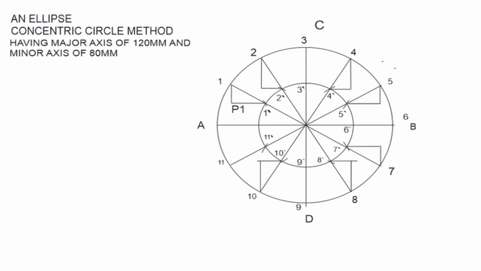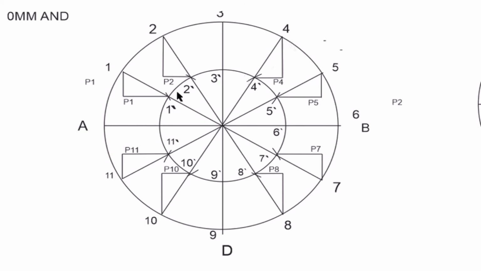Now we name all the points: P1, P2, P4, P5, P7, where the horizontal line from 7 dash cuts the vertical line from point 7. Similarly, from 8 dash a horizontal line, and from 8 a vertical line, where the lines meet is called P8. We proceed to P10, P11, and that's that.